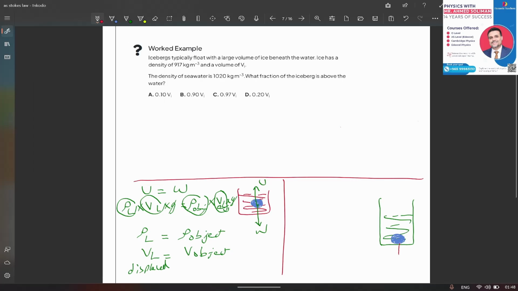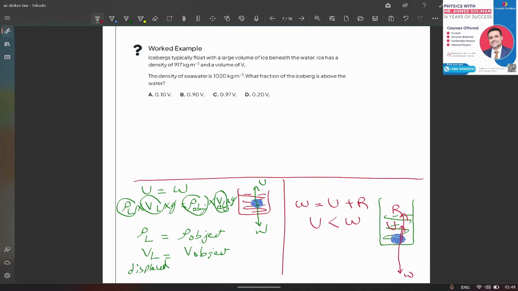The first force will be W, and we need to draw two more forces, upthrust and normal reaction force. Now weight doesn't equal U, it equals U plus R. So now it means U is smaller than weight.